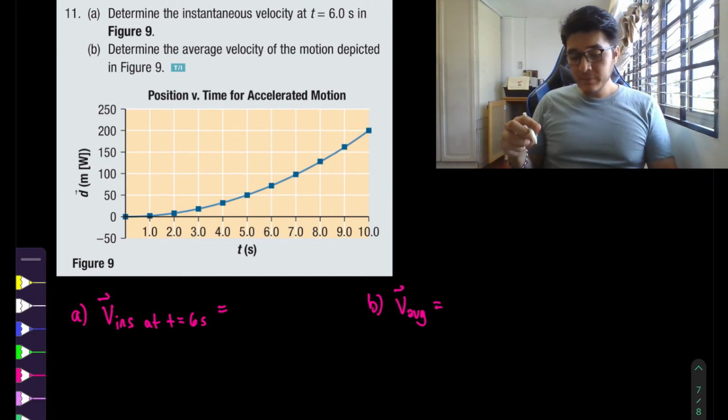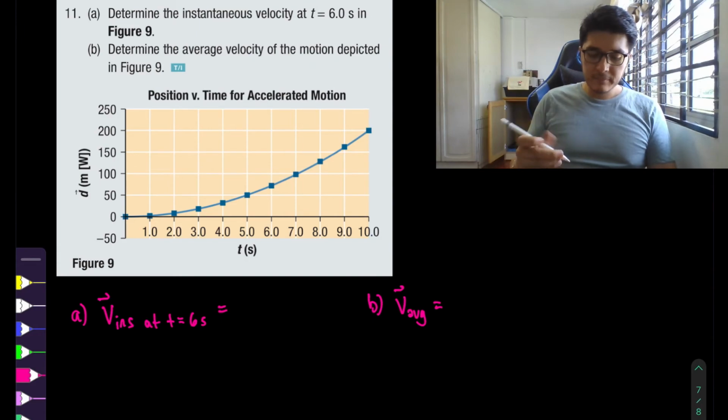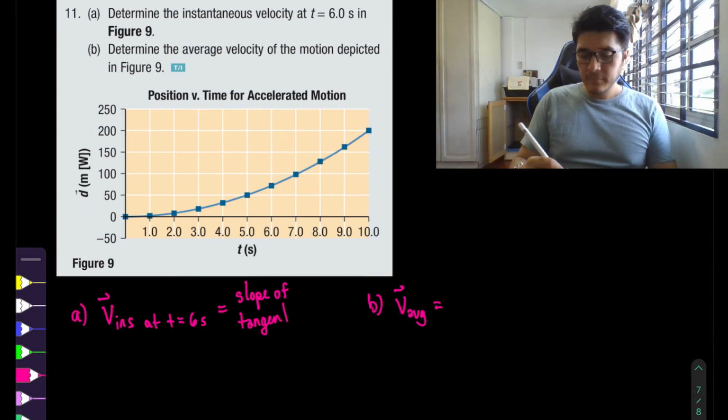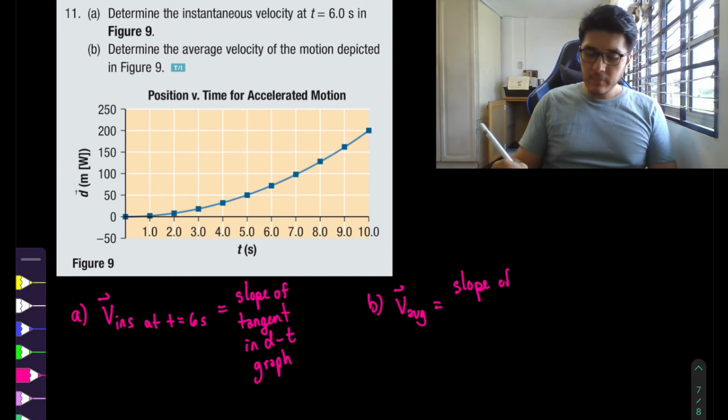So in the position versus time graph, to calculate the instantaneous velocity, that's the slope of the tangent in the d-t graph. And to calculate the average velocity, that's just the slope of the secant line in the d-t graph.